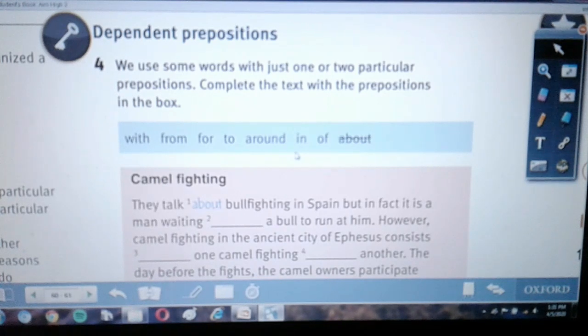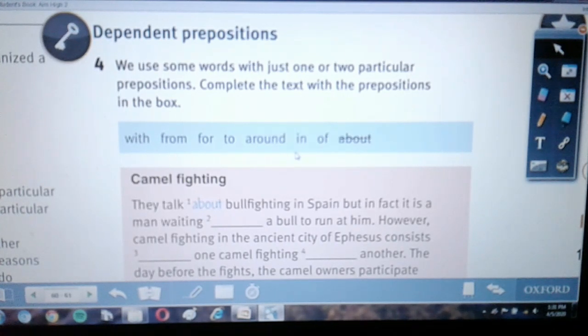Now take a look at number 1. We usually use preposition about with the verb talk. And actually, we can also use prepositions such as to and with the verb talk.